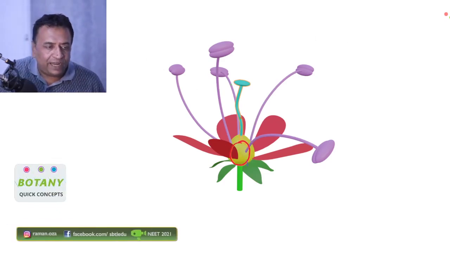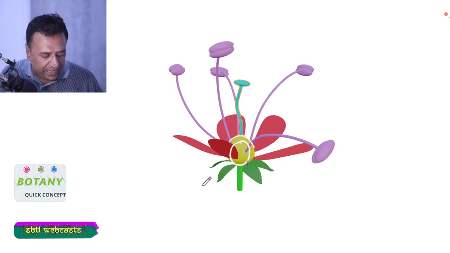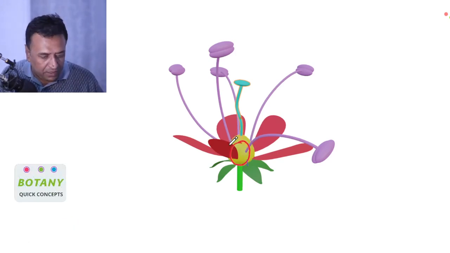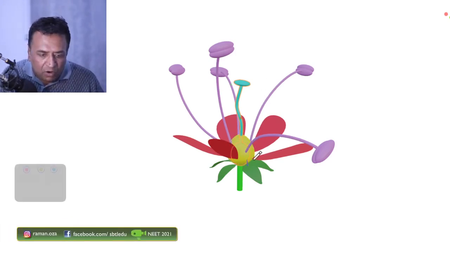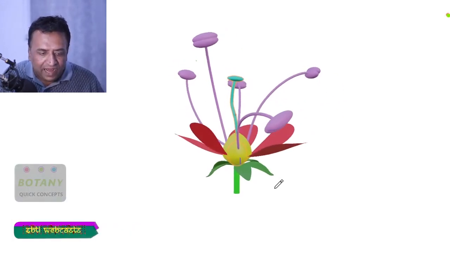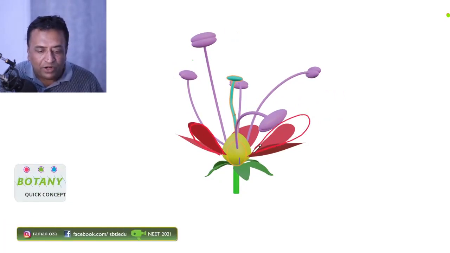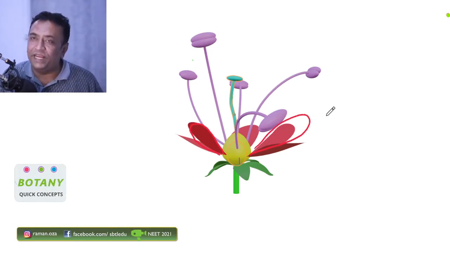This is the ovary at the base. This ovary is inside this thalamus. And here, all the other floral whorls arise above the level of the ovary. They are all born above the level of the ovary.